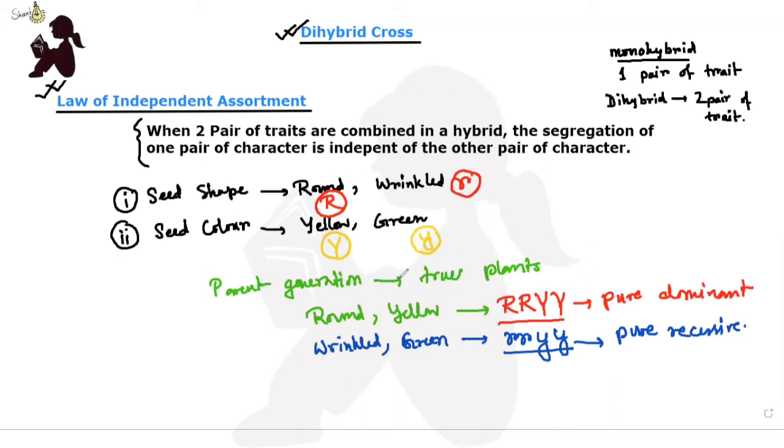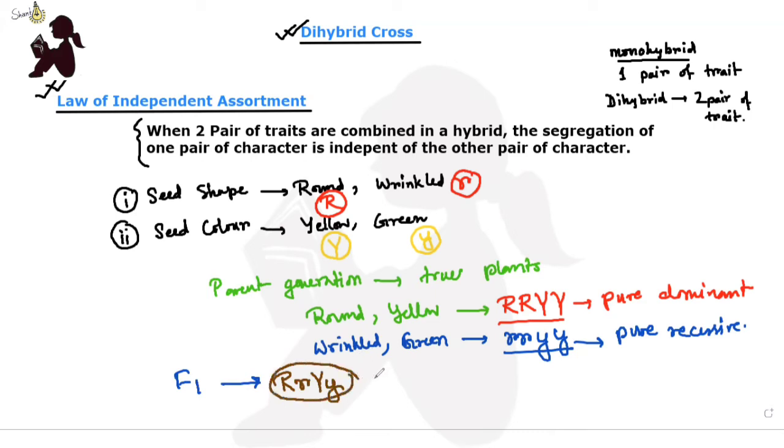Now, from this, in the F1 generation, these gametes produced capital R, small r, capital Y, small y.